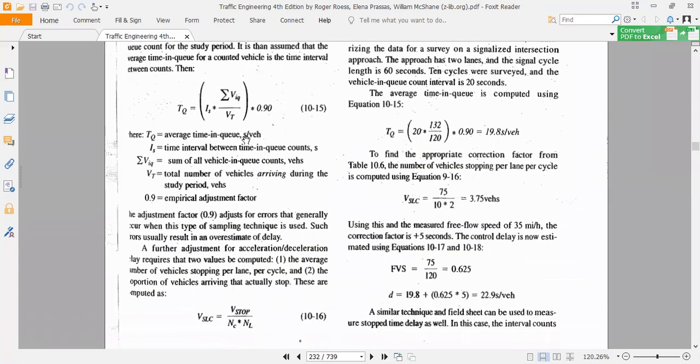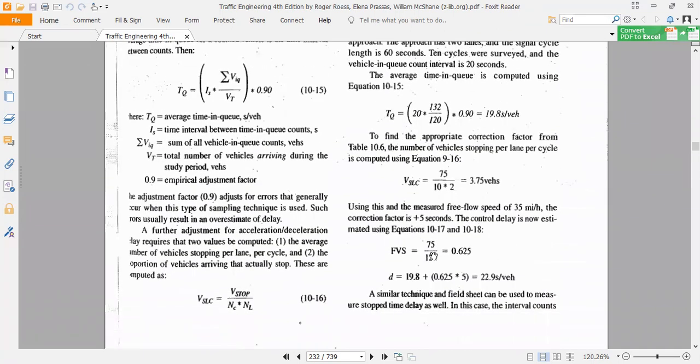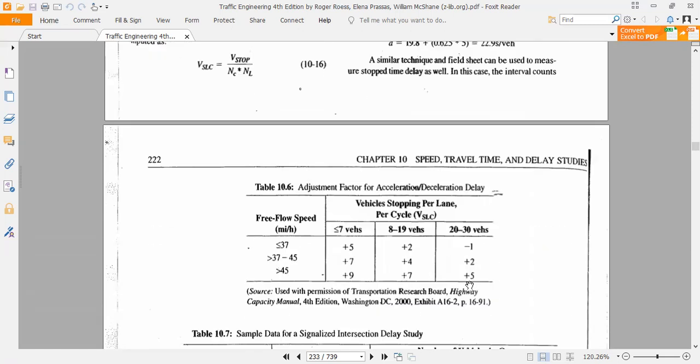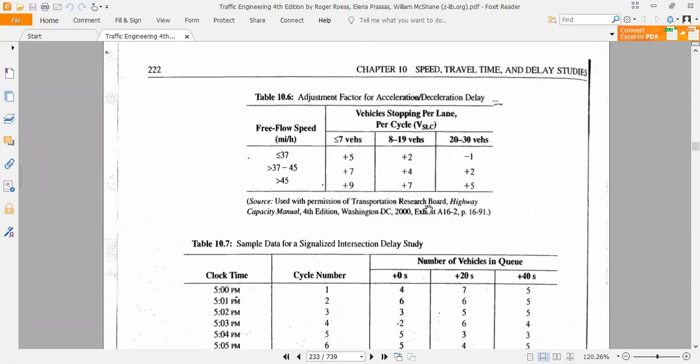Okay, so 75 vehicles are being stopped and 120 vehicles are arriving, so the percentage is about 62.5. And D, the control delay, is equal to 19.8 (TQ) plus 0.625, which is the FVS, times 5. And 5 they have obtained from Table 10.6.